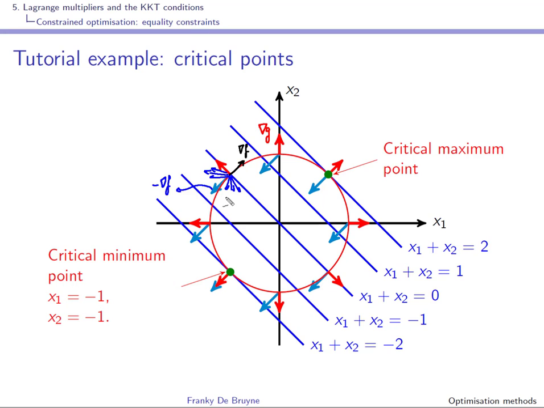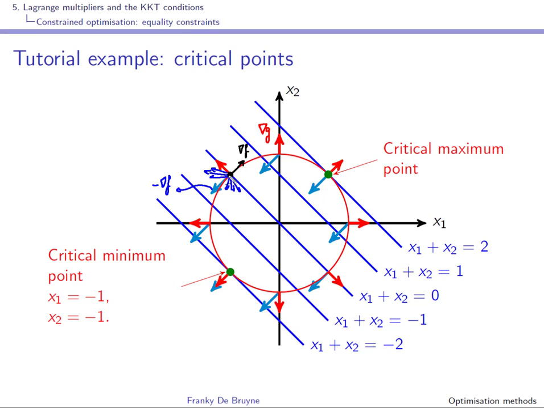So what we'll do now is consider different points and try to see if they correspond to a global minimum, right? In this point, you can see that if you take a direction that is perpendicular to the gradient of g, this will correspond to a direction of descent.